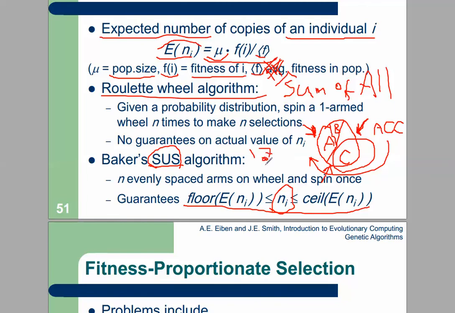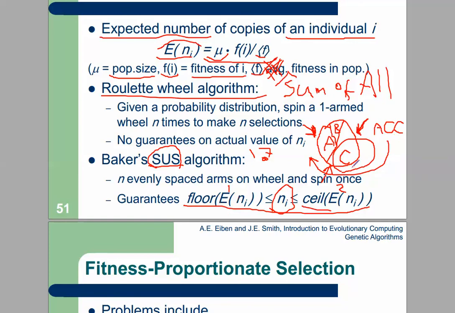For example, the floor of 1.7 is 1 and the ceiling of 1.7 is 2. In other words, SUS guarantees that we have at least one element of C, or maybe 2 elements of C.